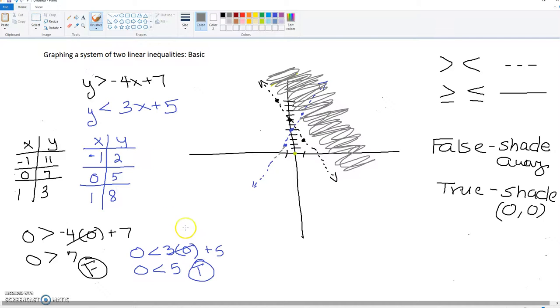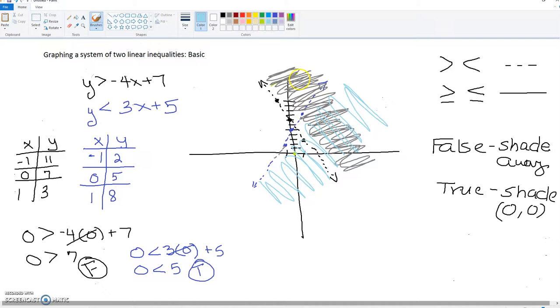Now looking at our blue line, we end up finding that 0 is less than 5, which is true. So that means we need to shade over 0, 0 from our blue line. Okay, which means everything right here is shaded. In this example, however, we don't necessarily want all of the shading.